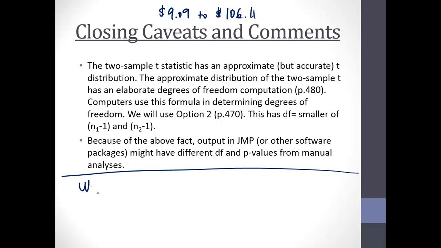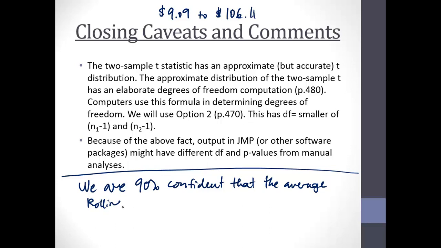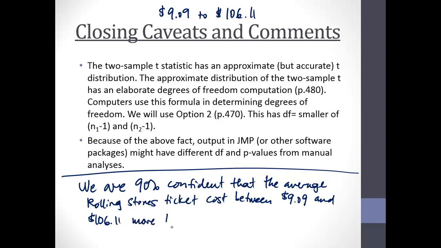So what we can say is that we are 90% confident, and I'll be a little more careful here, that the average Rolling Stones ticket cost is between $9.09 and $106.11 more than the average Coldplay ticket.